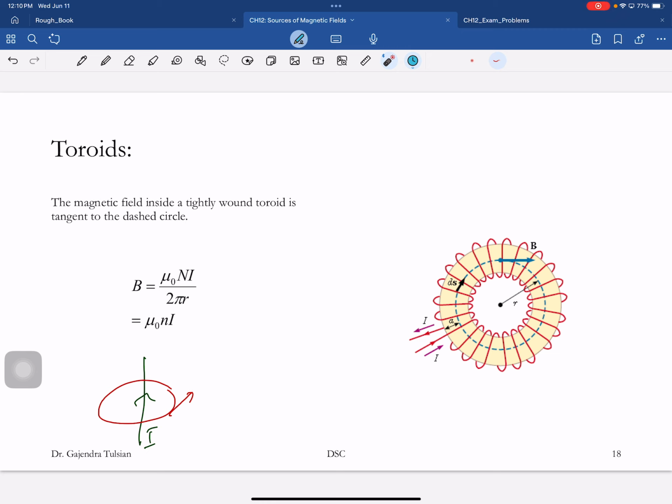What you can do is wrap the donut around with wires, and now you'll have field lines that are circular like that. The field is strongest here and weakest there. But if the thickness of the donut is small compared to the radius, then you can think of the field as uniform. So if the donut is very large and thin, then the field inside is essentially uniform.